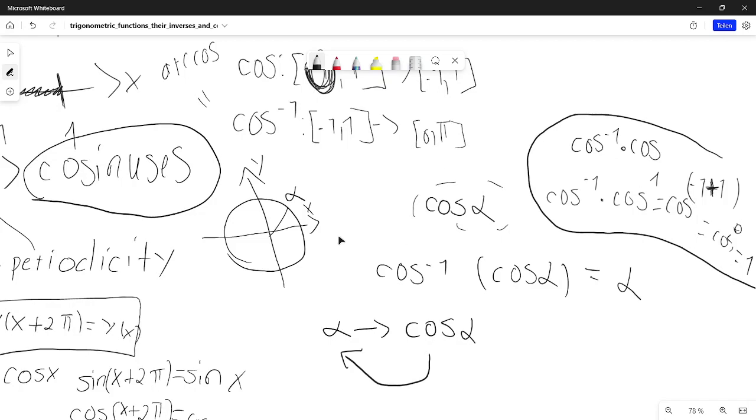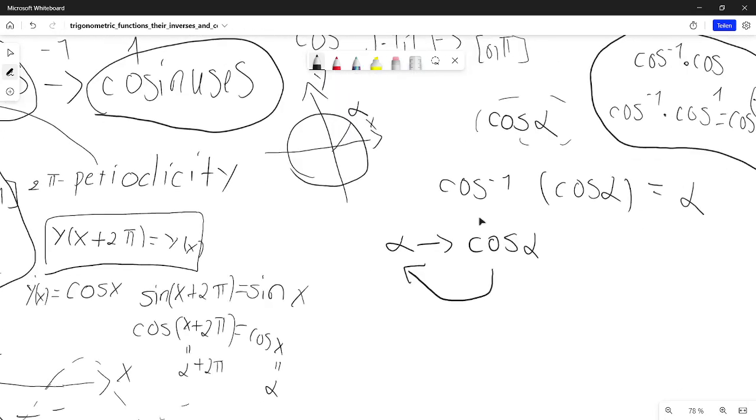But of course, be aware. What you will get would not be some cosinus alpha. If you have an argument that you have to evaluate, you do that from that value. But you know that there is a principal value. Principal value means this interval from 0 to pi, right? So that it is cosinus of some alpha.